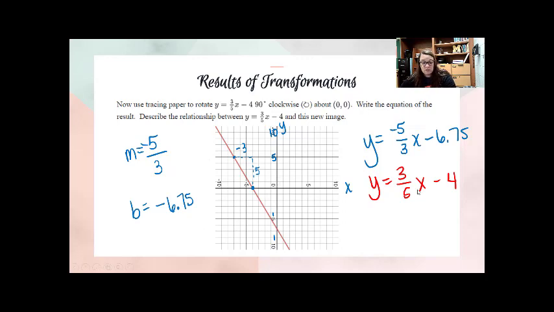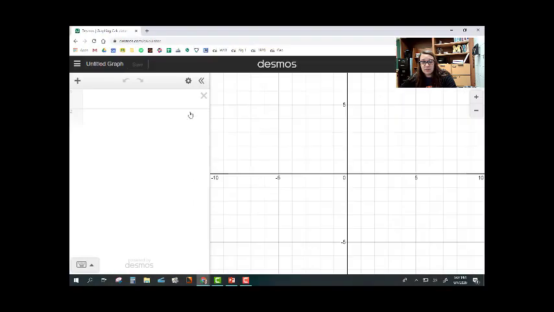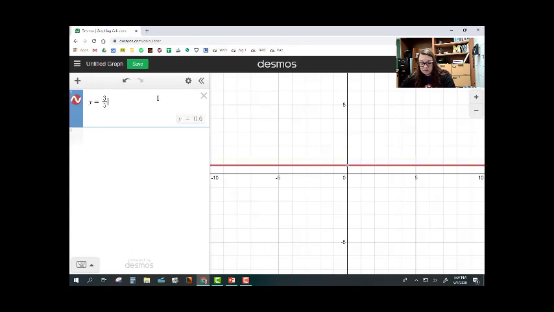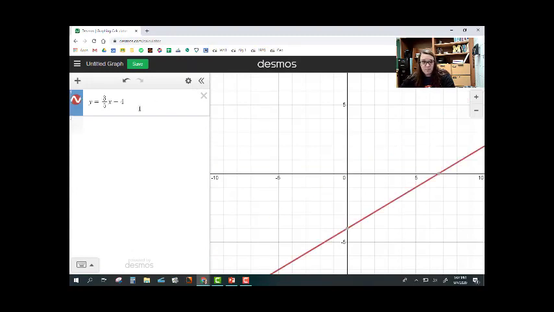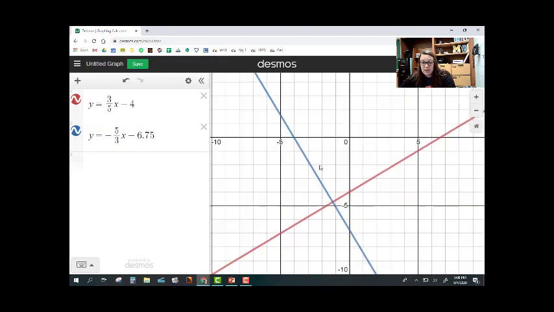Let's utilize decimals for that. So let me see if I can pull that up. Here it is. Let's graph both of them. Y equals 3/5 x minus 4. And our other one was y equals -5/3 x minus 6.75. Okay, let me make this a little bit more bold. Let's take a look at it.